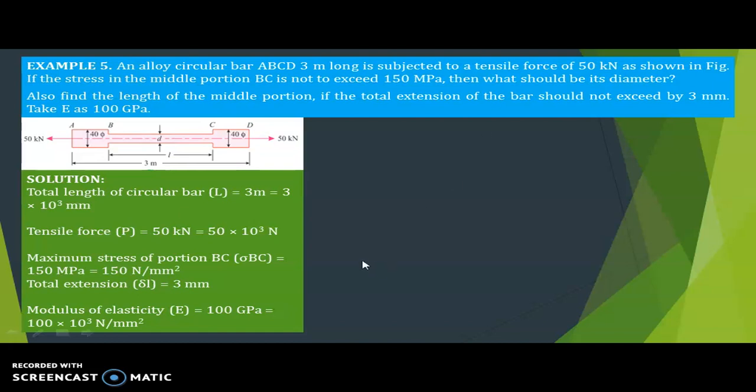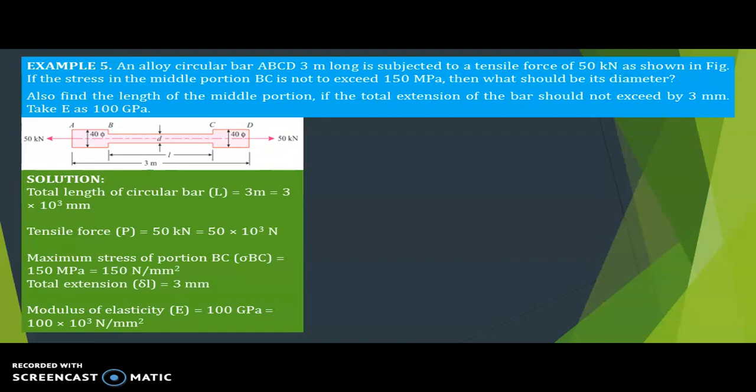The total extension of the bar should not exceed 3 mm. Extension is nothing but deformation, that is equal to 3 mm. Then the modulus of elasticity is given, E is equal to 100 GPa. GPa is gigapascal, 10 raised to 9 Newton per meter square. If you convert it into millimeter, it becomes 100 into 10 raised to 3 Newton per millimeter square.